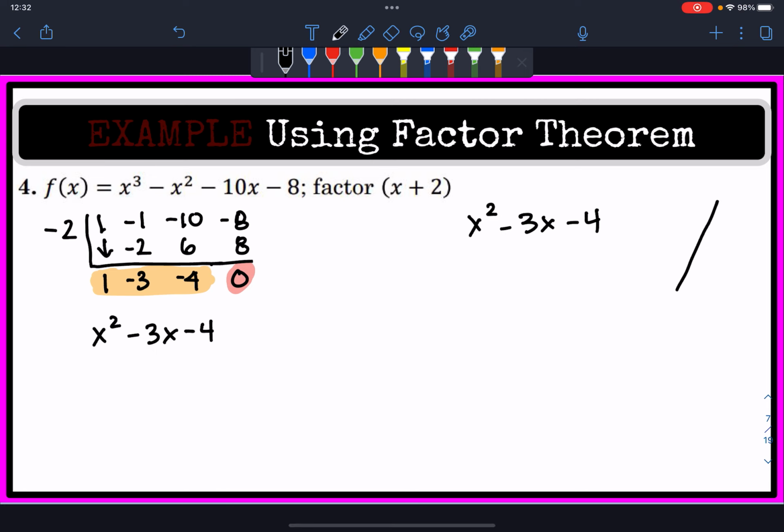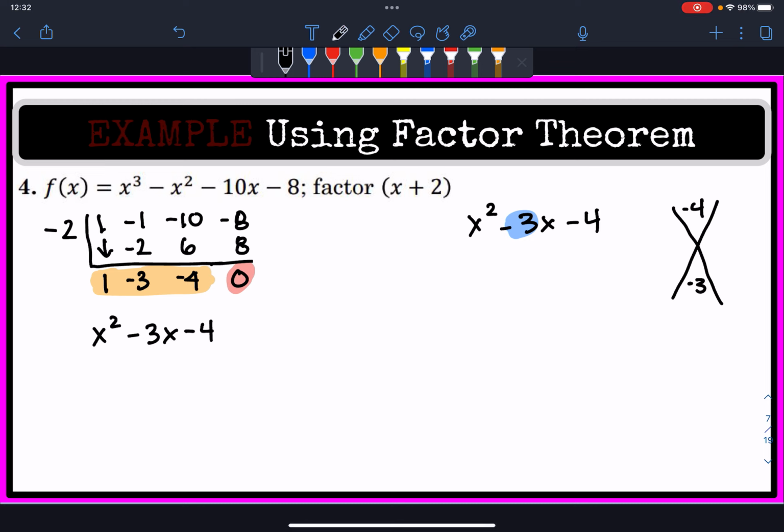So to factor this, we start by multiplying the coefficient of x squared with negative 4, which is going to be negative 4. And we want to find the factors of -4 that add up to this middle number of -3. So let's put -3 down there.